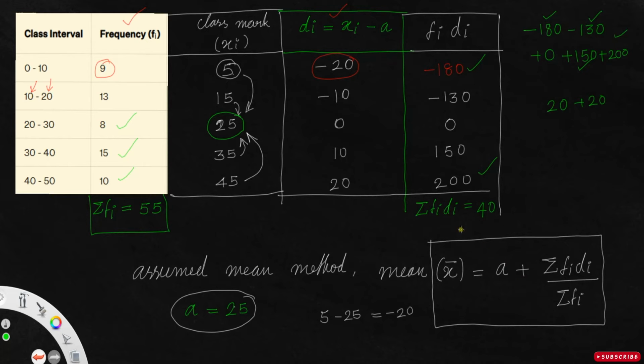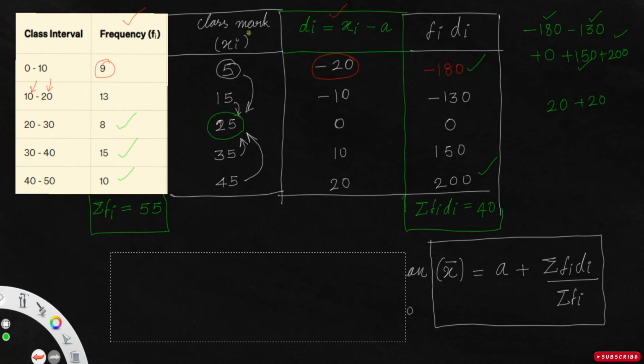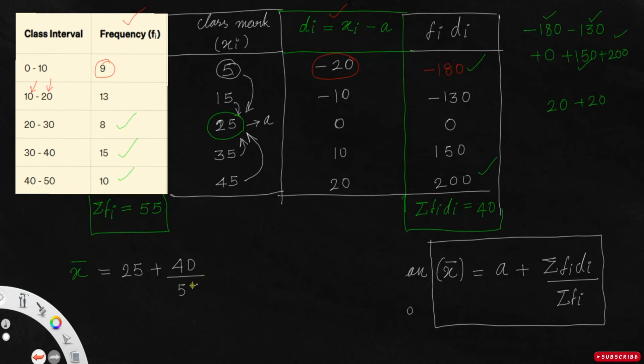Now I can put these two values in this formula. So it will be x bar equal to the assumed mean A, which is 25, plus sigma fi di, which is 40 plus 55.